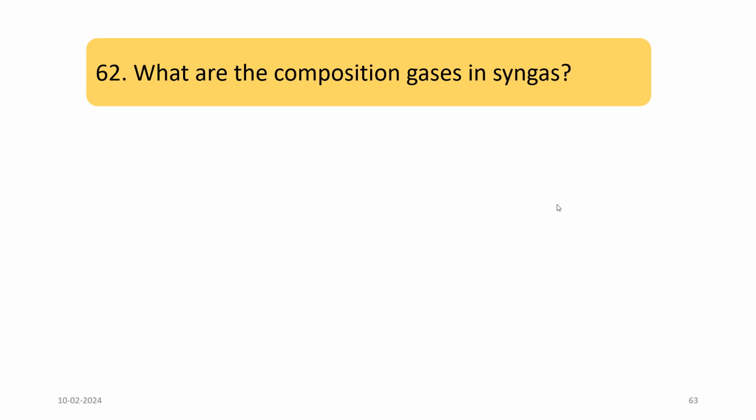So what are the compounds? Mainly syngas is produced, that is CO, then hydrogen, then water, then carbon dioxide, then methane is produced.